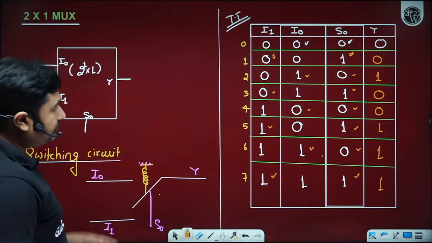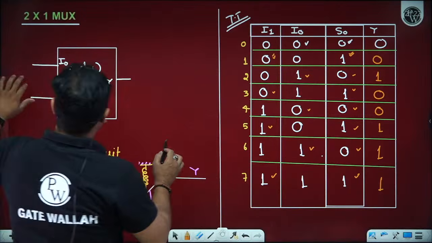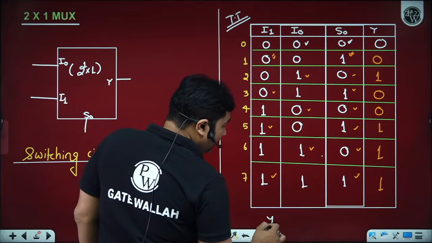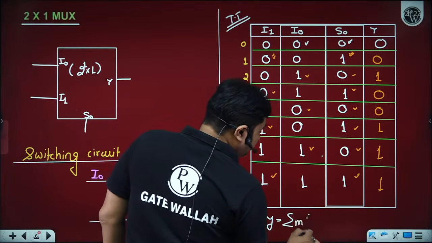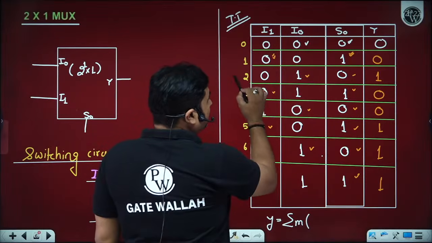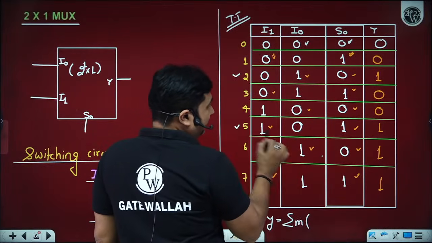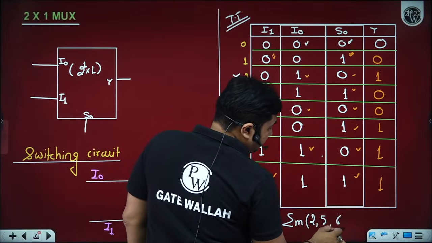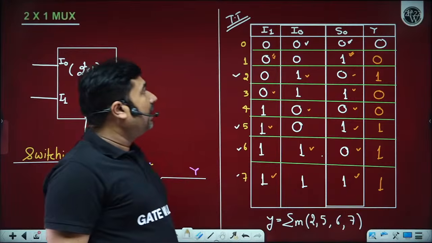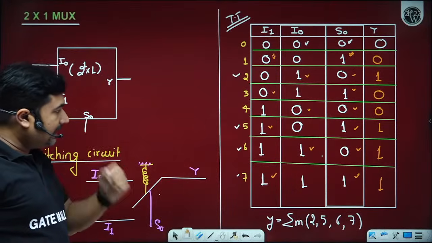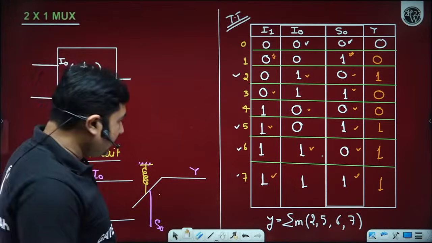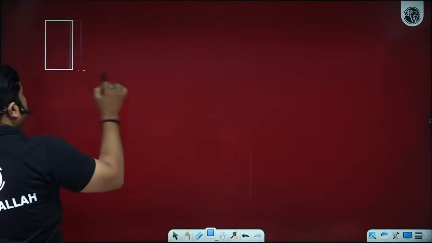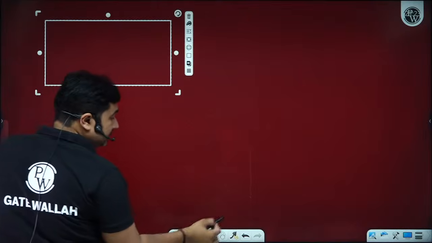Please observe. We are getting output logic high on the binary conditions 2, 5, 6 and 7, in terms of I1 as the MSB and S0 as the LSB. So we can have a K-map of 2 cross 4 size.